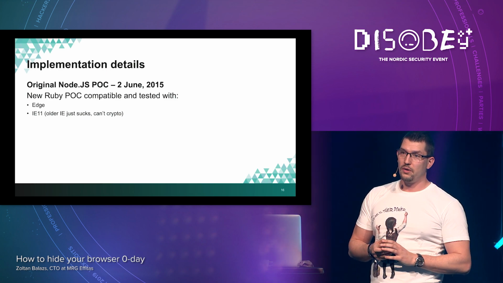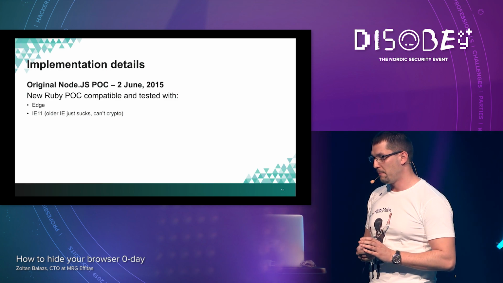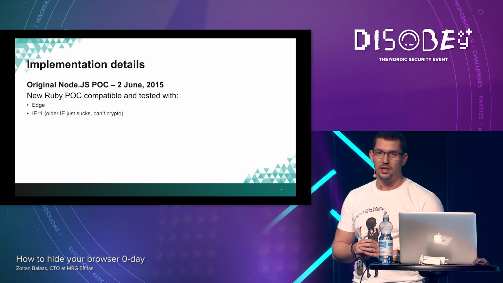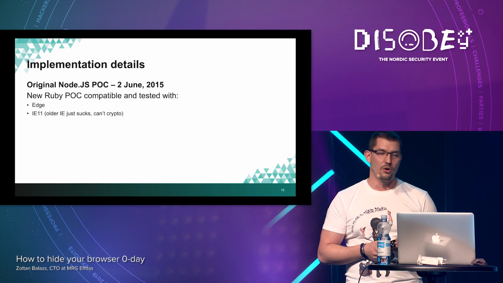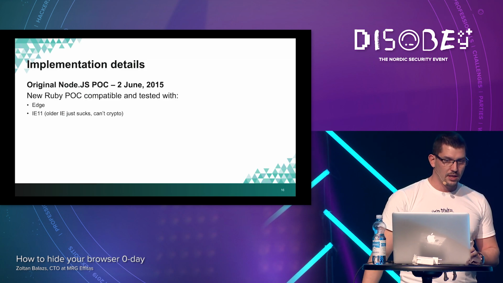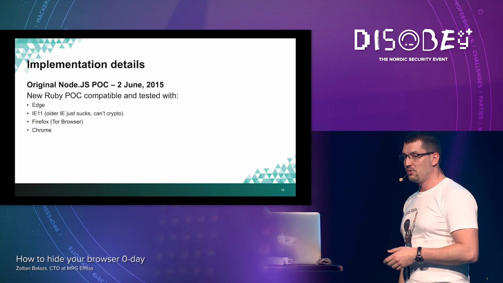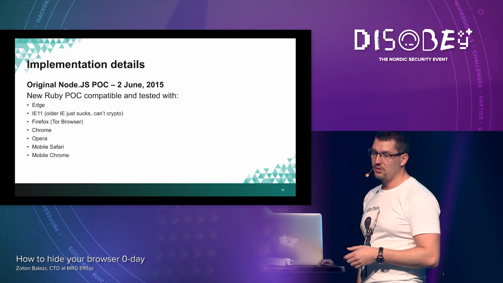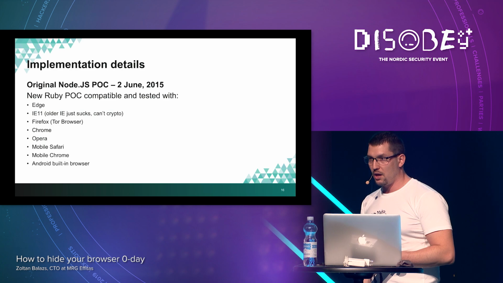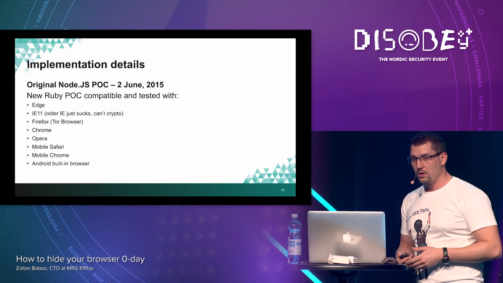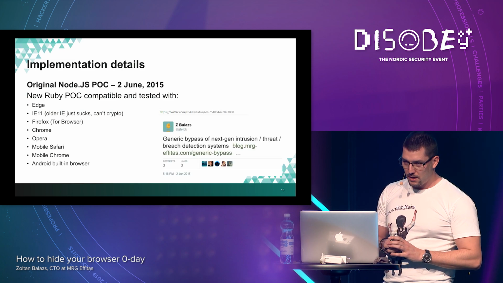It doesn't work with IE10, because elliptic curve cryptography libraries do not really work with IE10 or older. It works for sure with Firefox, Tor Browser, Chrome, Opera, Mobile Safari, Mobile Chrome, and Android built-in browsers. So basically, it's compatible with all the browsers you use now.